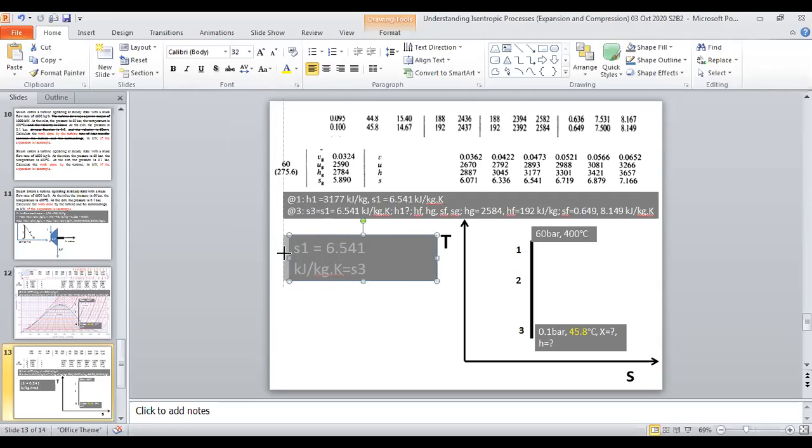Then you can check what the Sf value is and what the Sg value is.